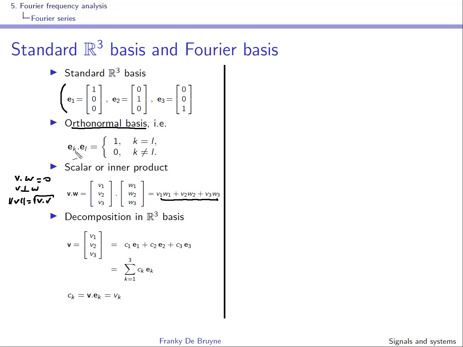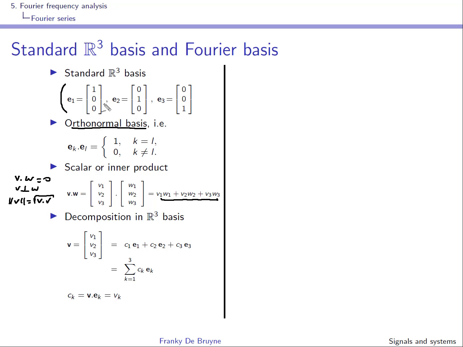If you take EK scalar product with EL, and K and L are different, let's say for instance E1 and E2, indeed it's 0. So E1 and E2 are perpendicular. And if you take K equal to L, let's say K is equal to L is equal to 1, you can see that its length is indeed 1.